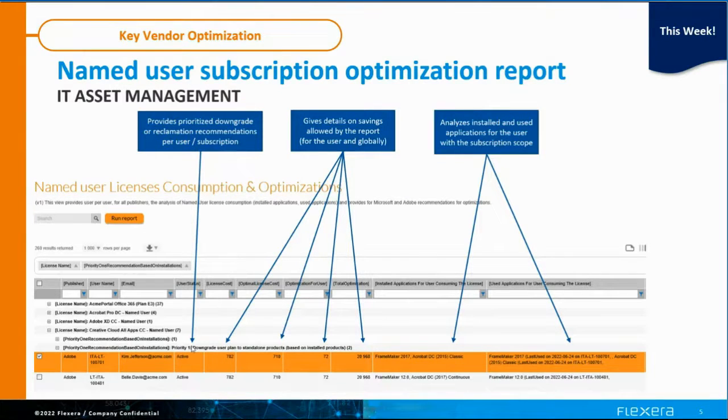And each user actually will be assessed against the cheaper subscriptions by the report. And the report will compute some recommendations and will compute some saving and the total saving for the report.